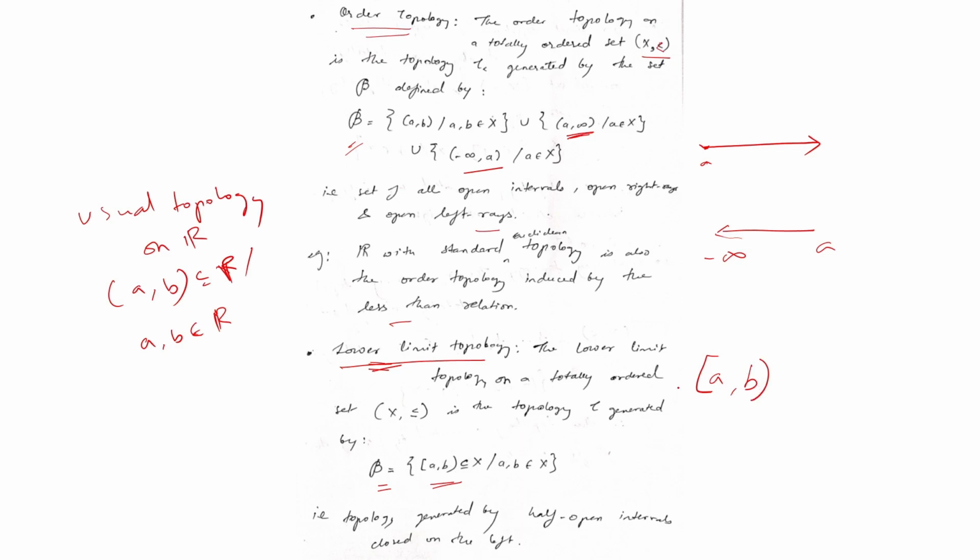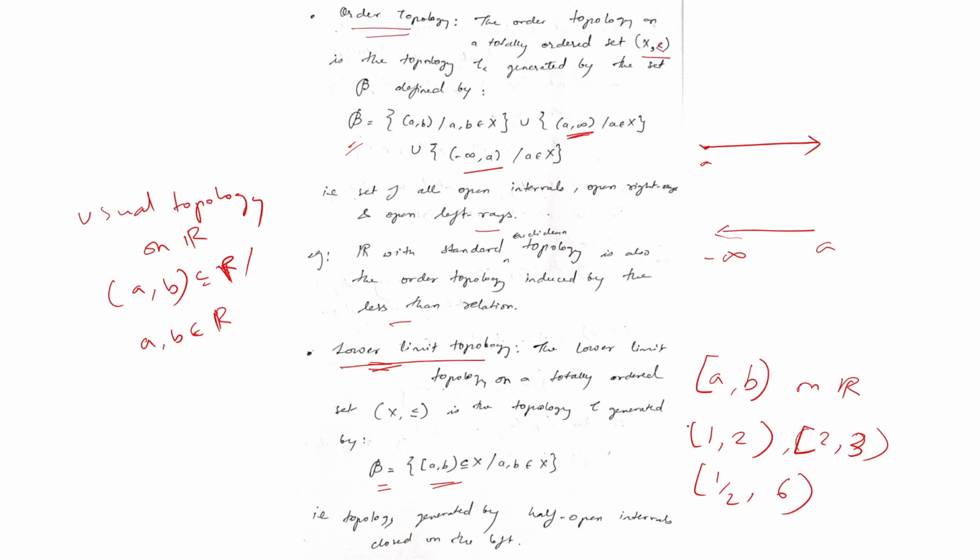So on R, this will look like intervals 1 comma 2, or then 2 comma 3. You can even take rational numbers.